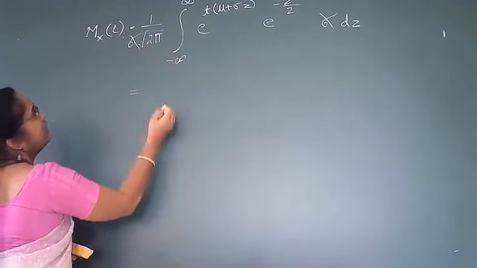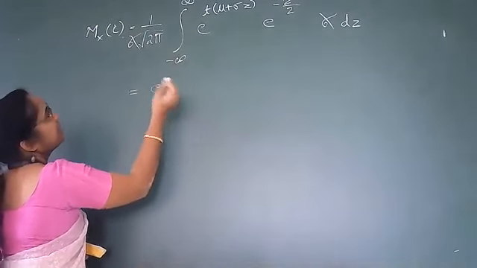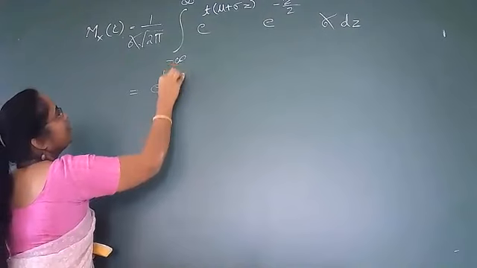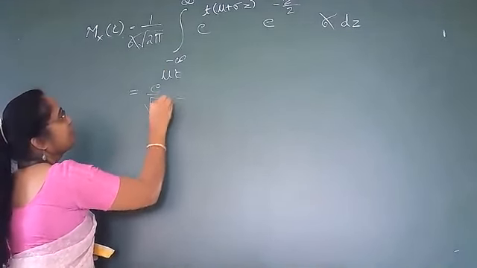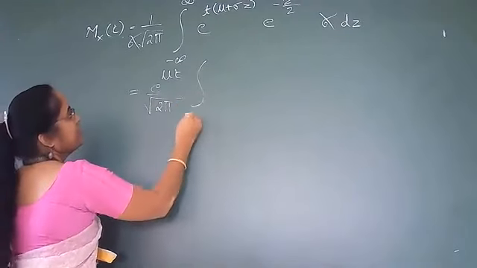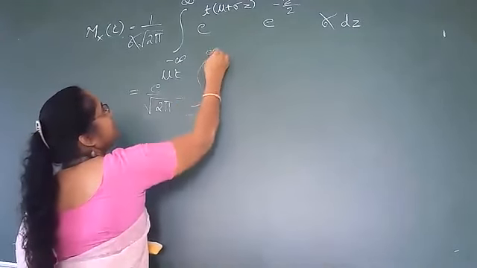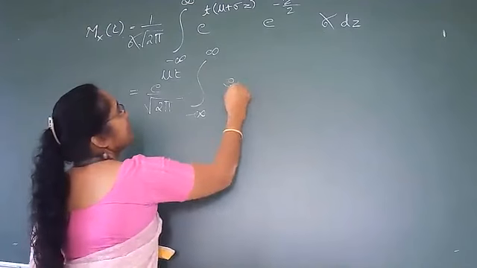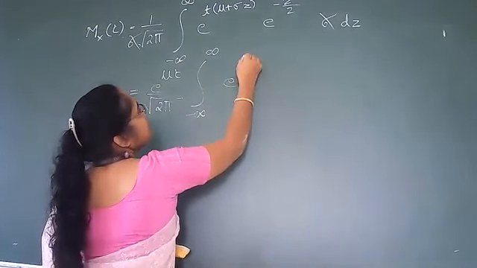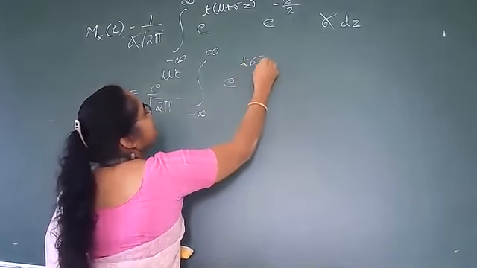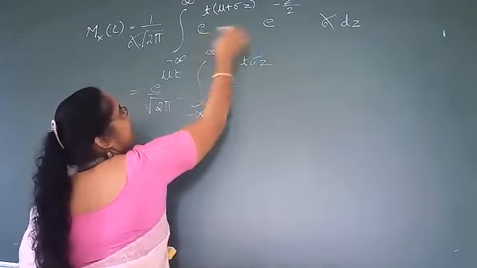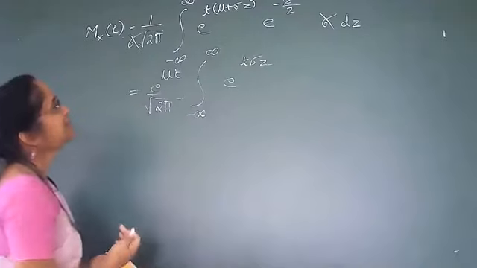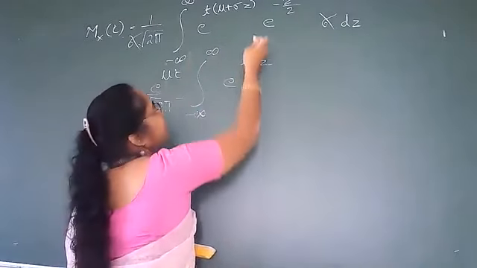I am left with e raised to mu t upon square root of 2 pi, integration minus infinity to plus infinity e raised to t sigma z. The base is same, the base is e, so the powers can get added.